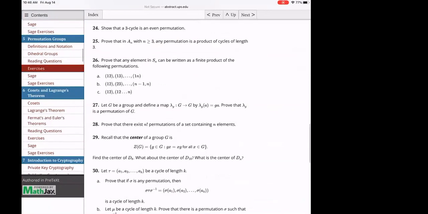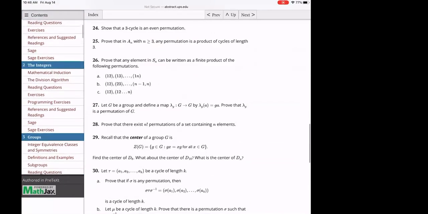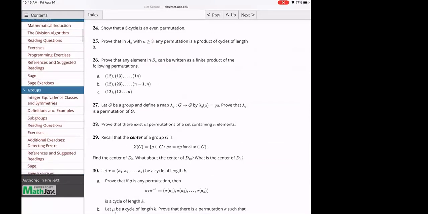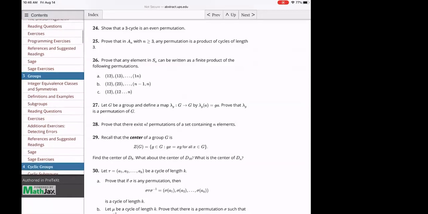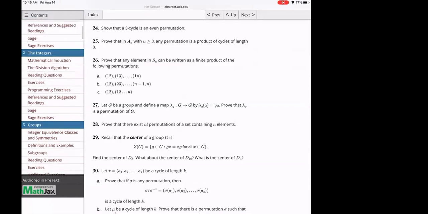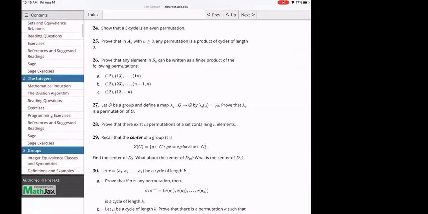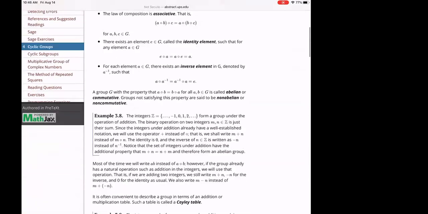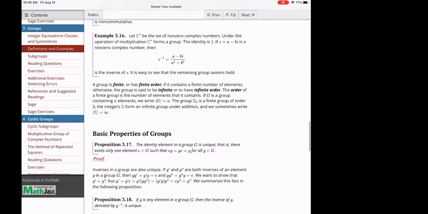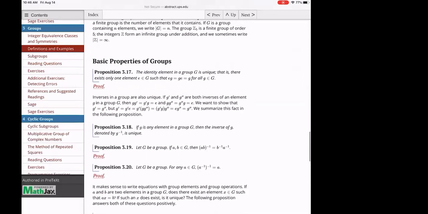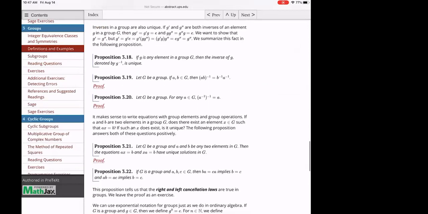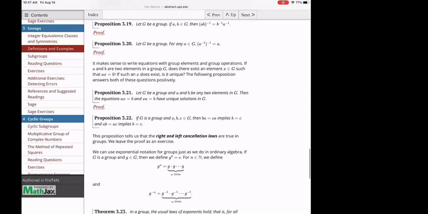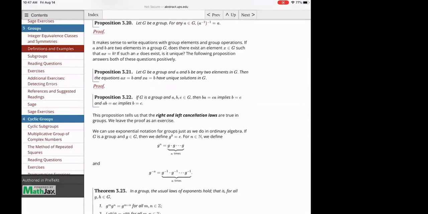For those who don't know what I'm talking about, it's section 5, permutations. But what I want to show was basic properties of groups. There we go. I'm using this right here: Proposition 3.22.